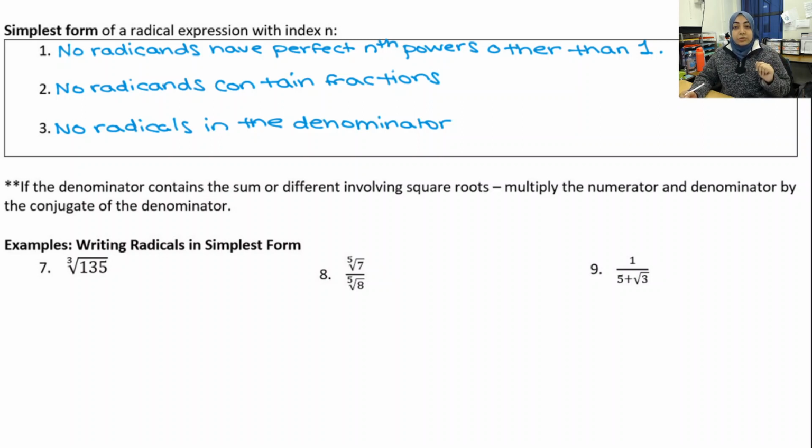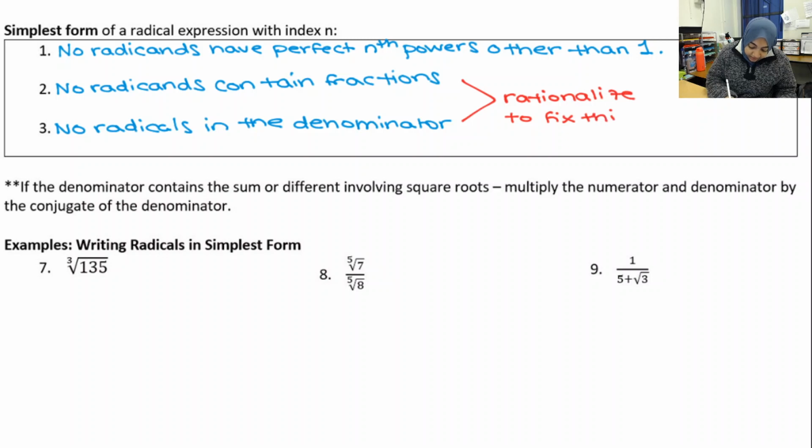Well, think carefully. You learned how to fix that back in geometry. You learned how to, what is called, rationalize the denominator. So if you have either of these two problems, you are going to rationalize to fix this. And if you don't remember how to do that, we will do that in a couple of examples here.